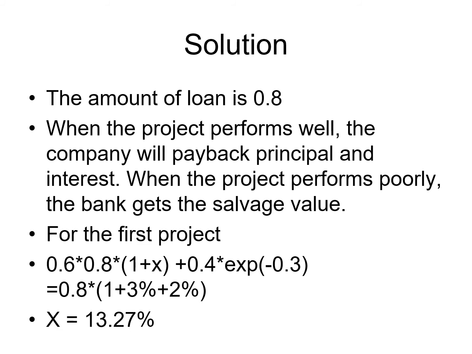This should be equal to the required return. This is 0.8 times 1 plus 3% plus 2%. 3% is the funding cost from the bank, and 2% is the required rate of return. We can solve the equation to get x equal to 13.27%.